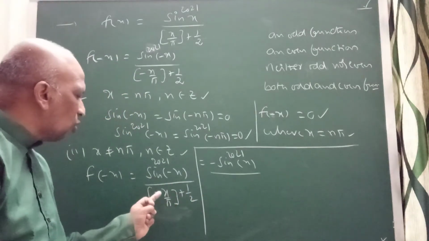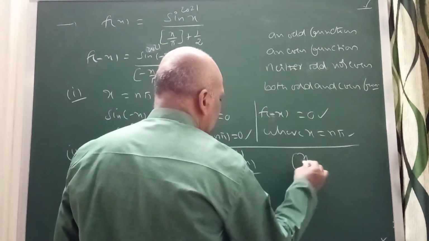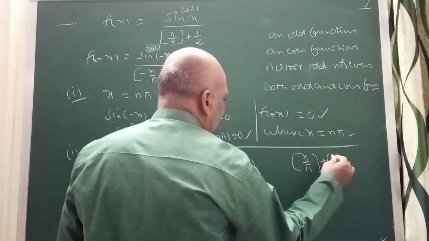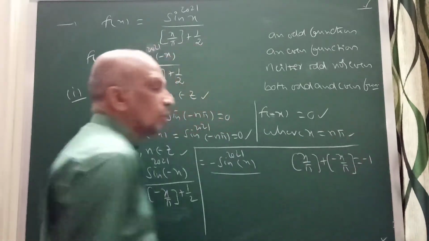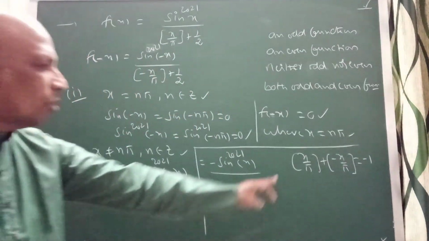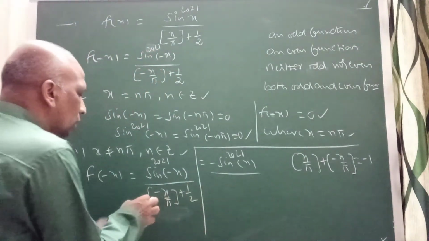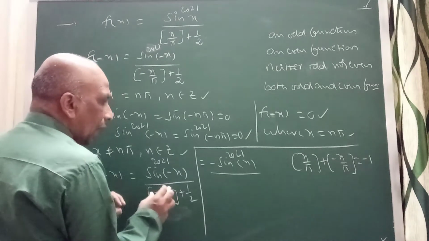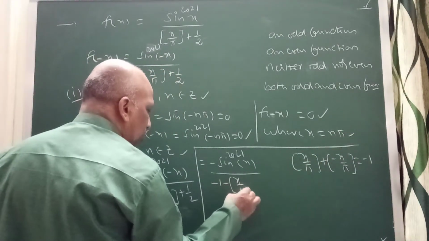The important one here: remember that the step function of x by pi plus the step function of minus x by pi is equal to minus 1. This is the property of the step function. So from this, the step function of minus x by pi can be replaced by minus 1 minus the step function of x by pi.